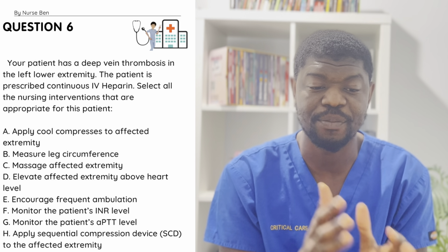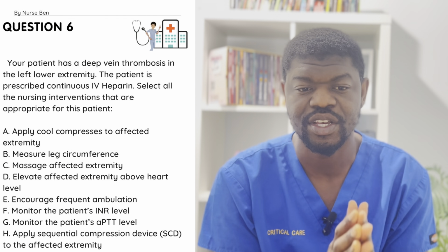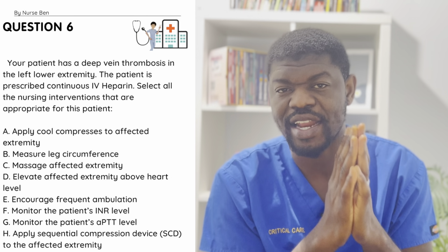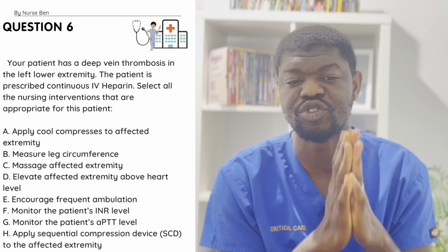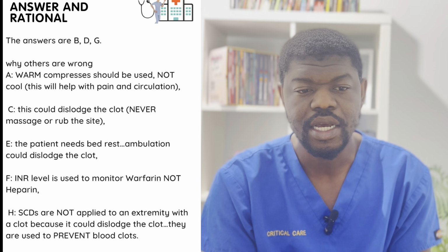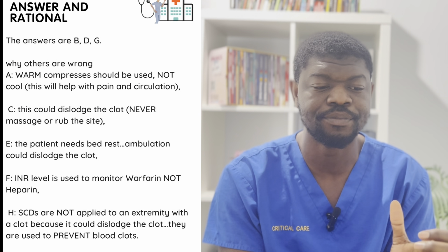And then H, apply a sequential compression device on the affected extremities. Which of these nursing interventions do you think we should apply for a patient who is on IV heparin? So let's go through what the correct answers are.